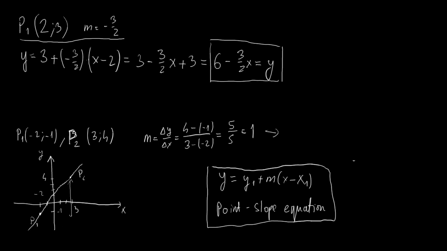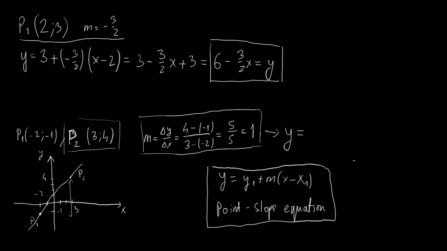Okay, so let's continue the solution here. Just apply, for example, P2. We will use P2 and this slope. So y equals y1, which is 4 plus 1 times x minus 3.